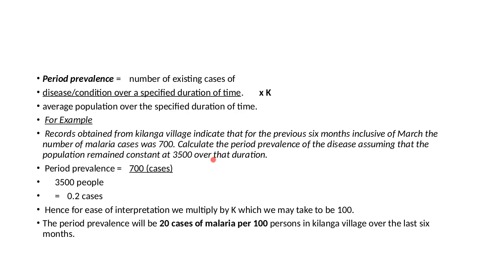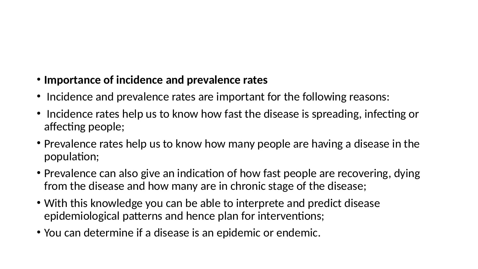So in this case, you use 100. So you will find 20 cases per 100 people had this malaria in Kilanga village over the last 6 months in 2006, or whichever time that you're dealing with.